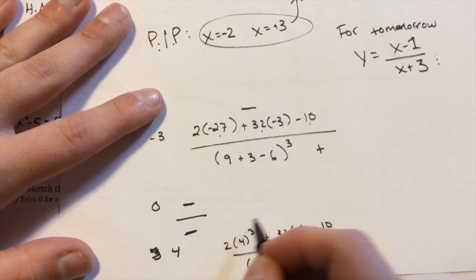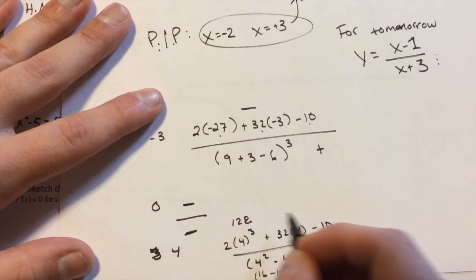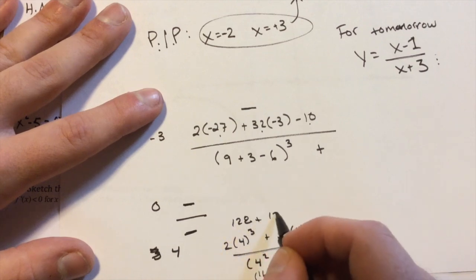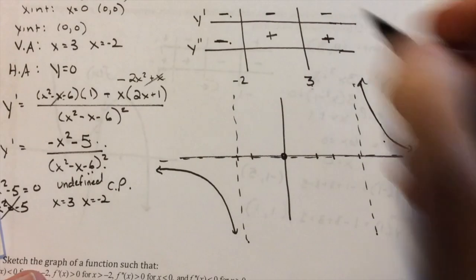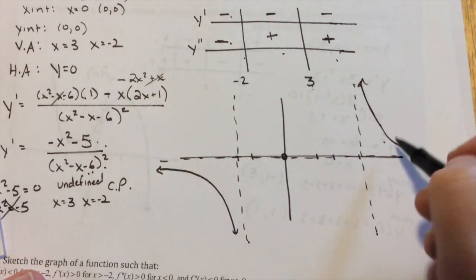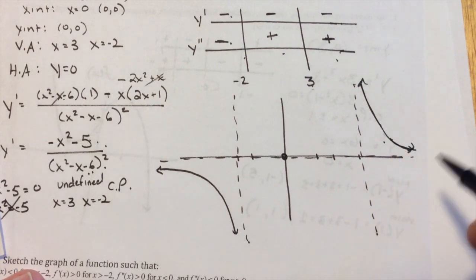This is 128 plus another 128 minus 10, so that's positive, yeah. So I have negative plus plus. That makes this here positive.